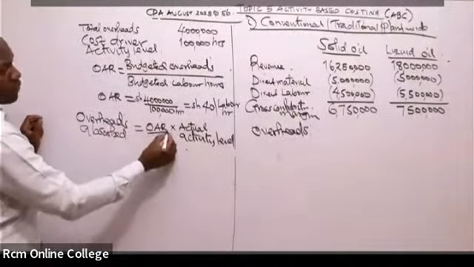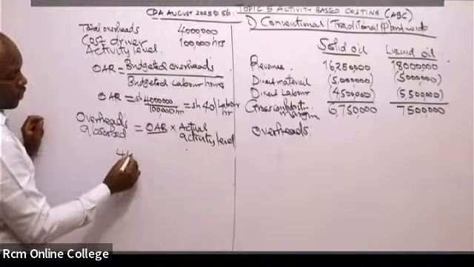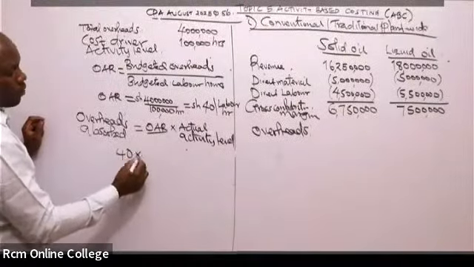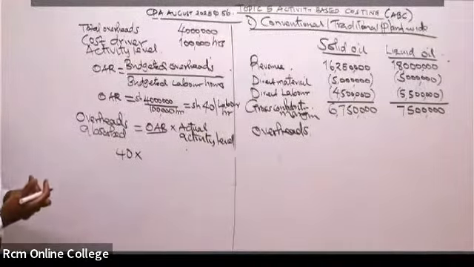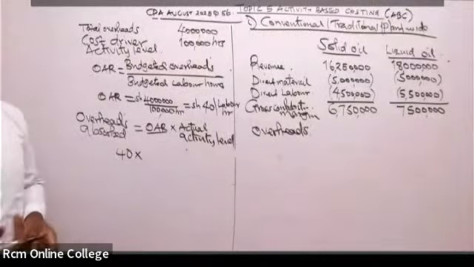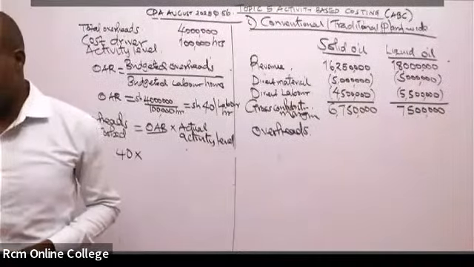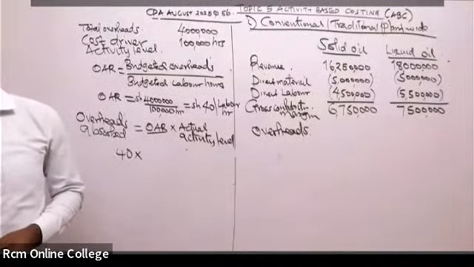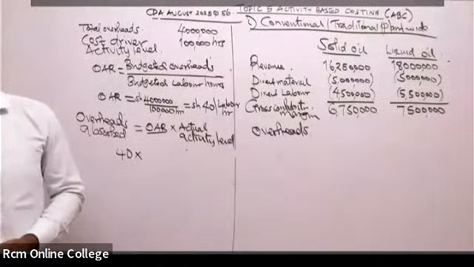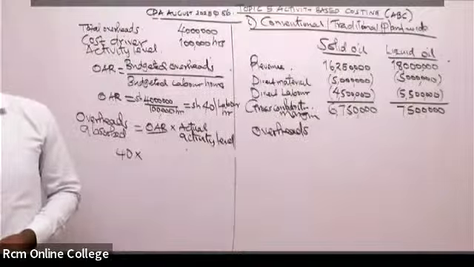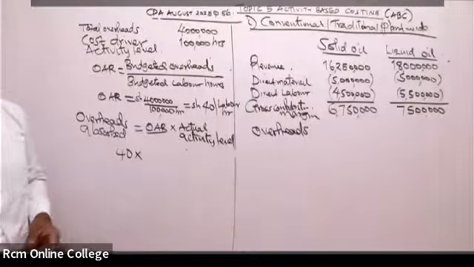We talk about overhead absorption rate, the 40 shillings per direct labor hour. What is the total labor hours for the solid oil? The budgeted labor hours for the solid oil is 50,000.